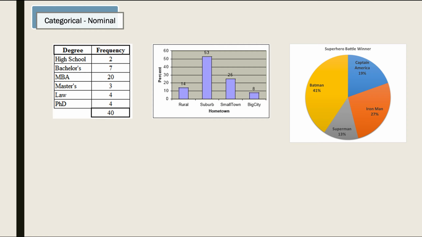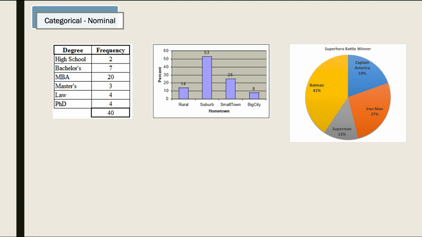Okay, so these are some graphs. I put these examples for each one of these types of data so you can see other examples and also see how you can represent them. This is basically what we had before in our previous presentation.